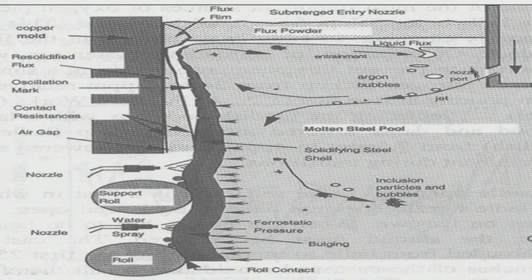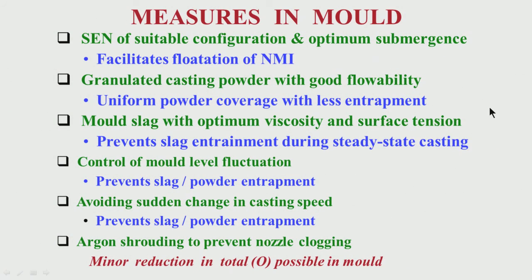All these have implications for the flow and turbulence of the liquid steel in the mold. So, modeling plays a big role here in deciding what should be the configuration of the exit port here. So, SEN of suitable configuration and optimum submergence is very important.